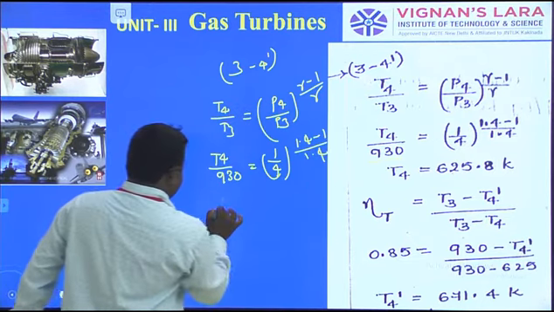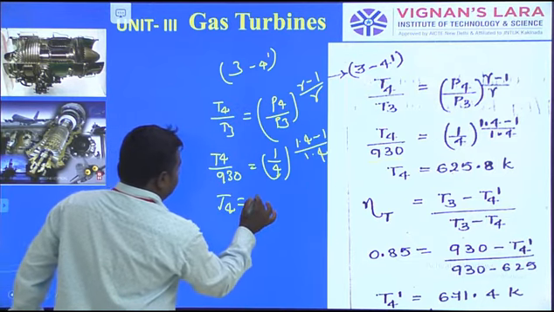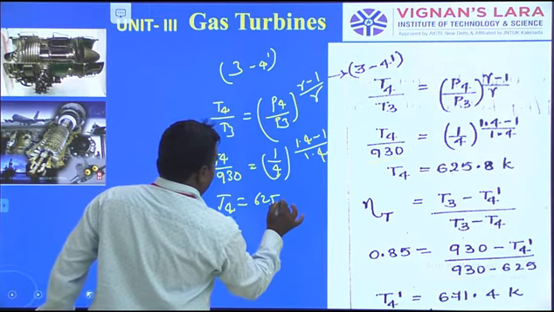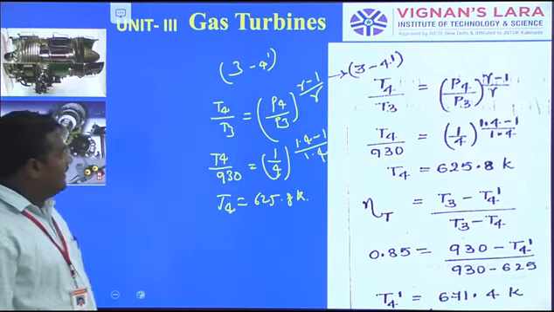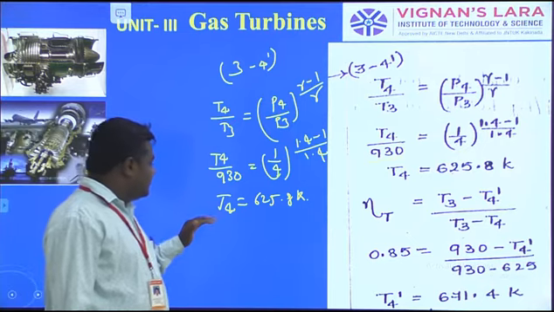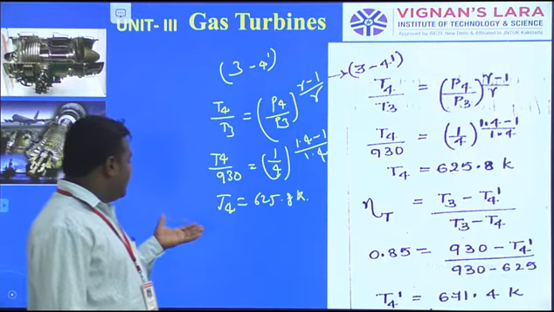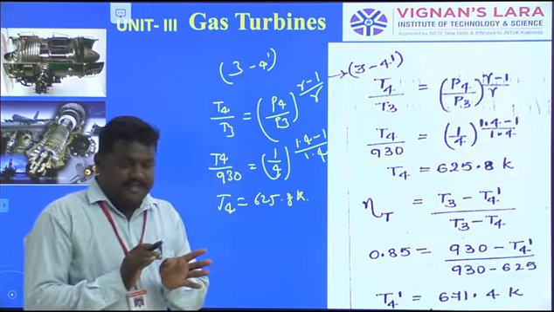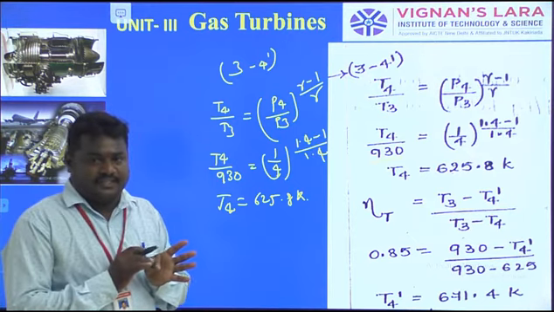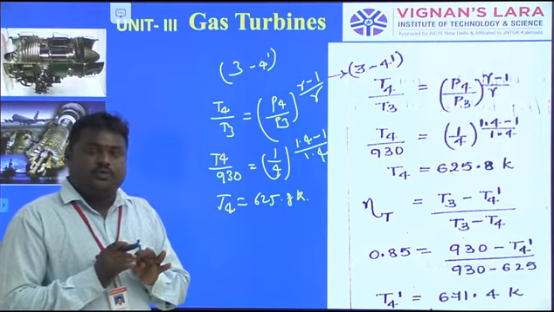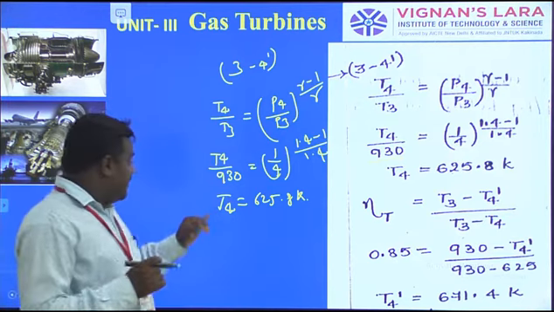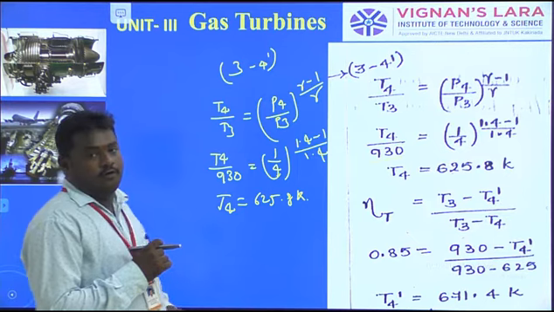Then we get the T4 value, that is 625.8 Kelvin. Okay, is it clear? From the first onwards, they gave the temperature T1, so we find the temperatures T2 dash, T3 and T4 values.